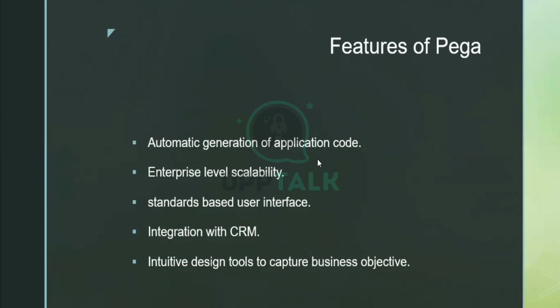But in Pega, we already have all the features in place. We just need to drag and drop, and click on save. That's the only thing. If you want a date control, or a drop down, or a radio button, everything will already be in standard format in Pega.